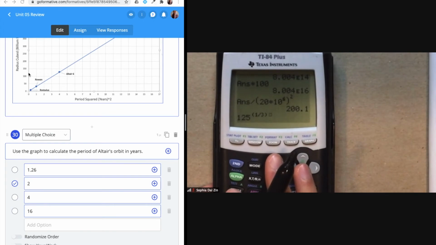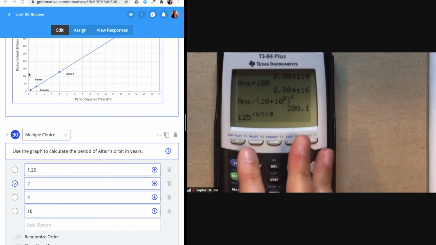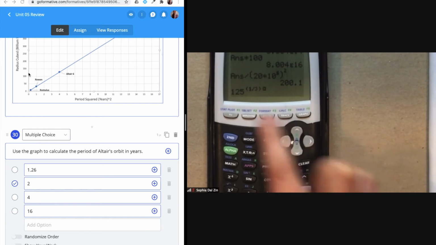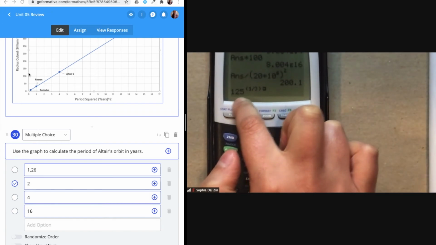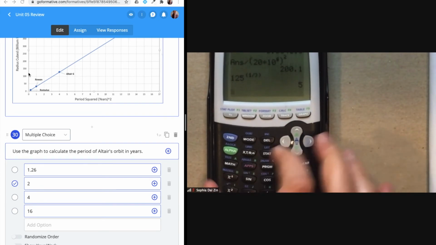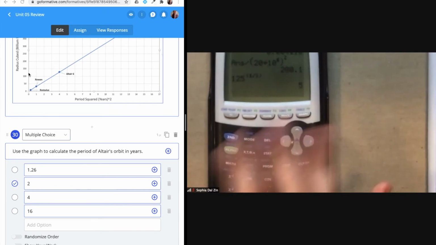If you haven't seen what a cube root looks like in your calculator before, it looks something like this. I use this button up here, the power button, to raise it to the 1/3 power, and I use the parentheses to make sure it doesn't think I'm doing 125 to the first power and dividing it by 3. That's where I got the 5 from.